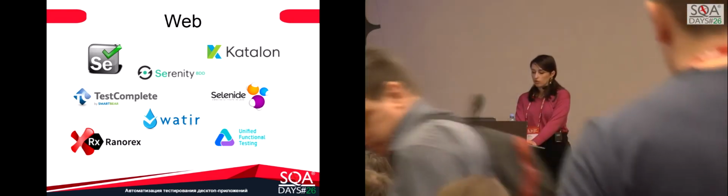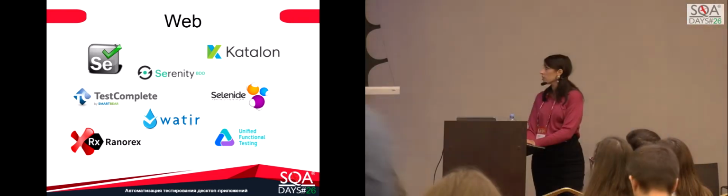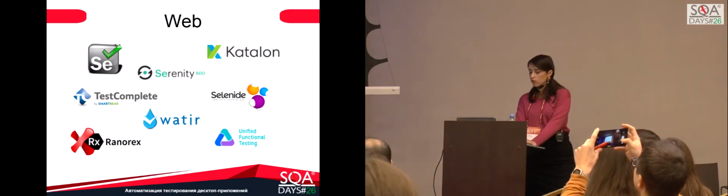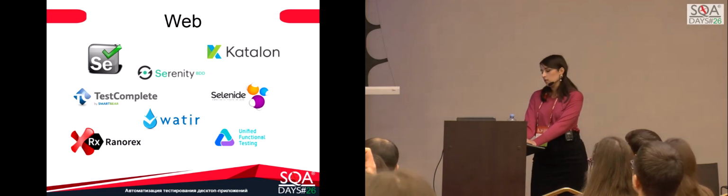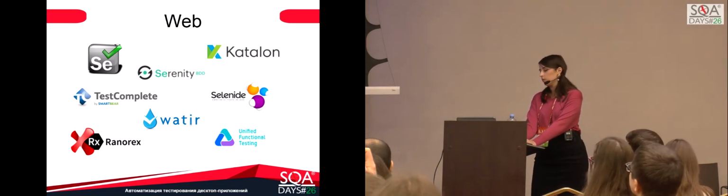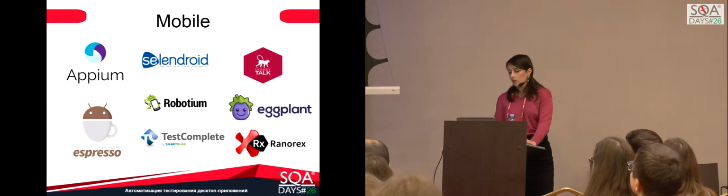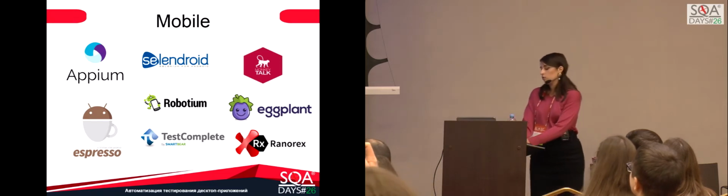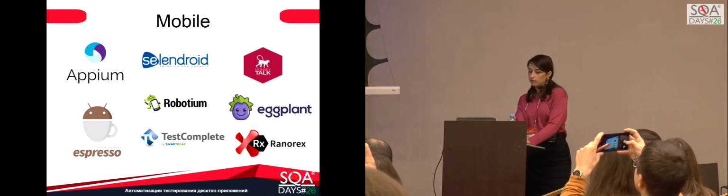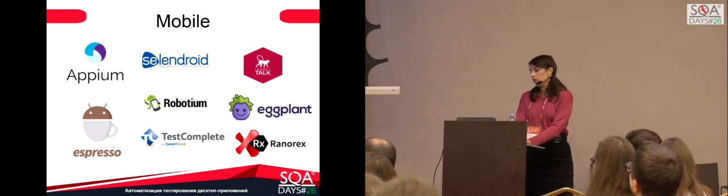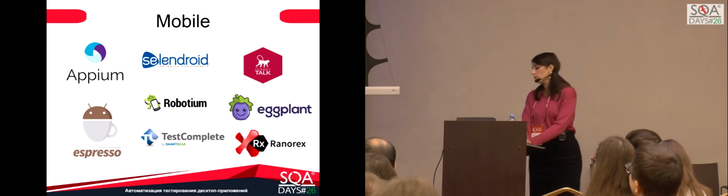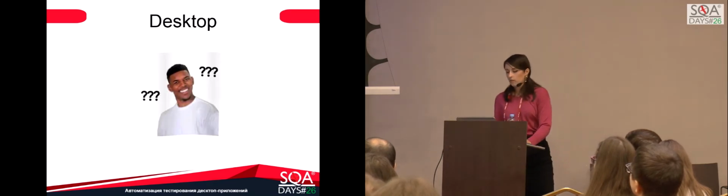briefly. I think many know what tools are available for web testing. Some of them are on the slides. Quite a few of them exist, many of them are documented, and many of you have come across them. For mobile app testing, there are also quite a few solutions that allow us to automate iOS and Android apps.